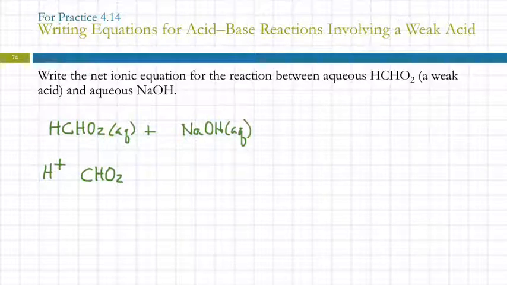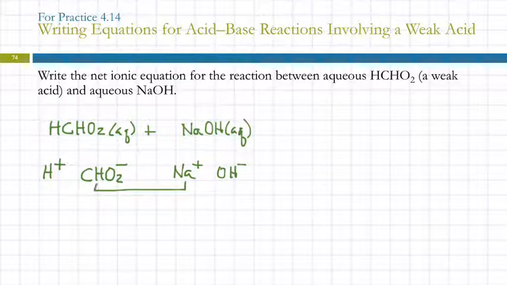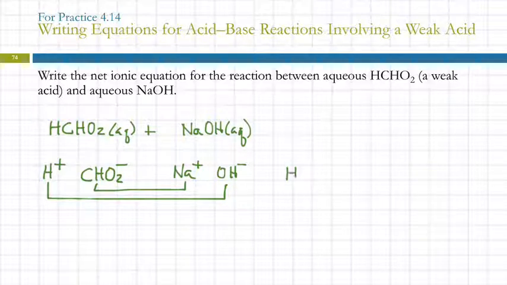It's formate, but you don't need to know that to do this sort of a problem. If there's one hydrogen and one of those weirdos, then this is +1 and that's -1. And that's all we need to know about that. Sodium hydroxide we should be good with. Sodium ion and hydroxide ion. And then again, we're swapping partners. We're going to put the H plus and the OH minus together. We're going to put the sodium with the weirdo.